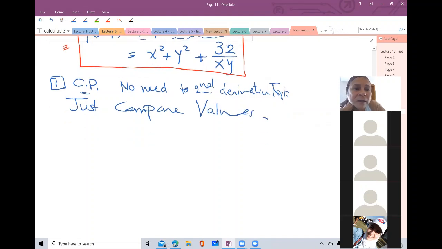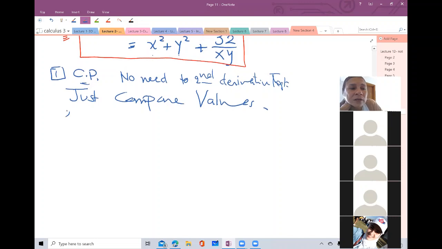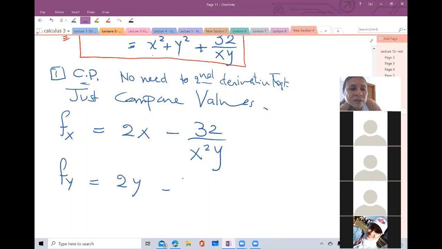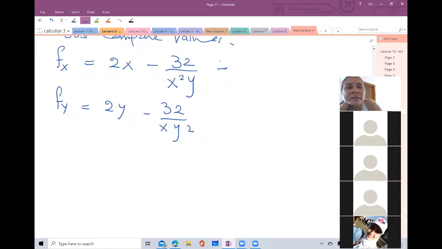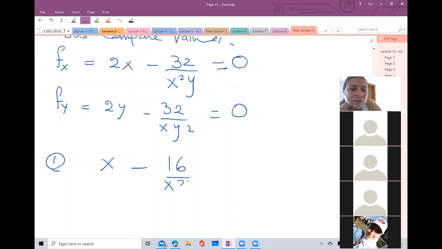Let's do the job. Why do I say these words, go get my critical points? Partial f partial x is 2x minus 32 over x squared y, the derivative with respect to x, and partial f partial y is 2y minus 32 over x y squared. What am I going to do? Equate by 0 and solve simultaneously. So this is 0 and this is 0. Equation number 1, simplify and get rid of the constants as much as I can: 16 over x squared y equals x.